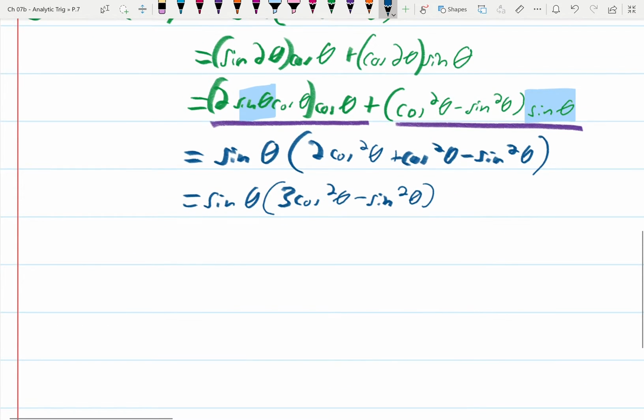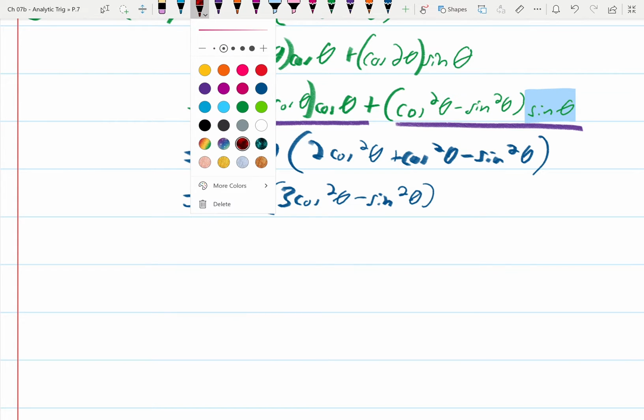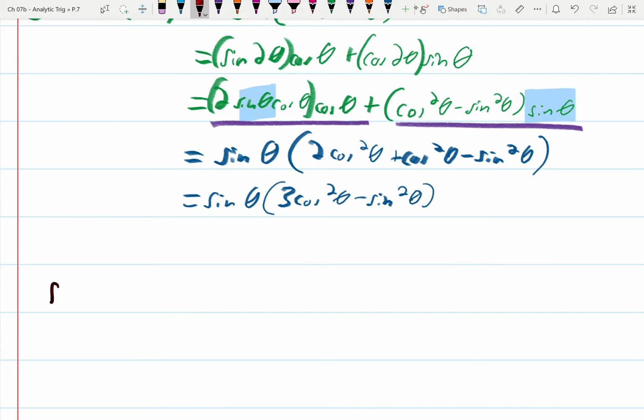So let's summarize. I like writing these identities down several times. Maybe use a lava color or something. Sine 2 theta is 2 sine theta cosine theta.